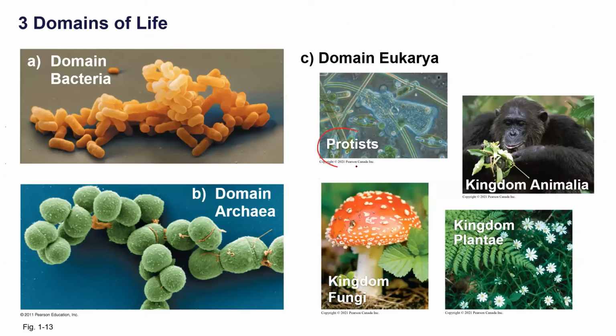And I also have this group here, the protists, which I'm going to define right now for you. If you don't know what a protist is, so protists. Unfortunately, protists are poorly defined. I'll say this out loud and then I'll write something. But basically, a protist is a eukaryote that is not an animal, plant, or fungi. And that's really what a protist is.